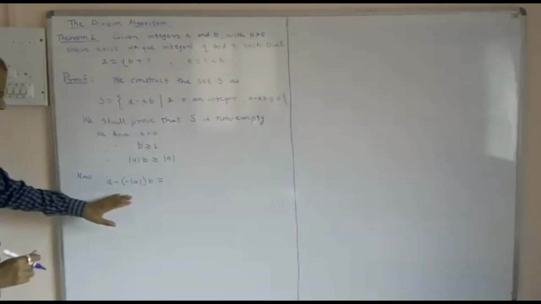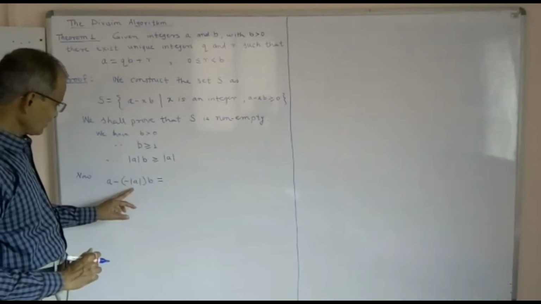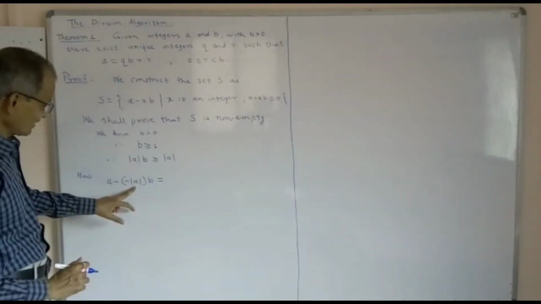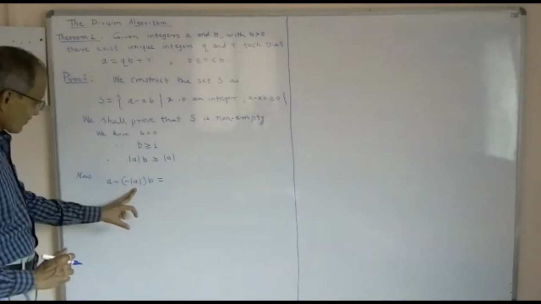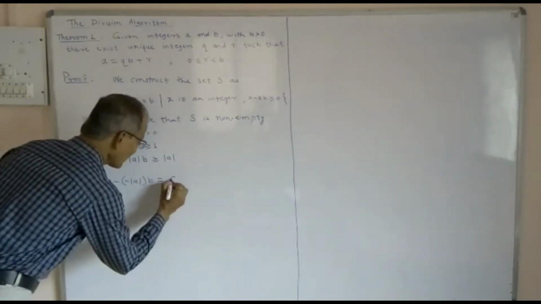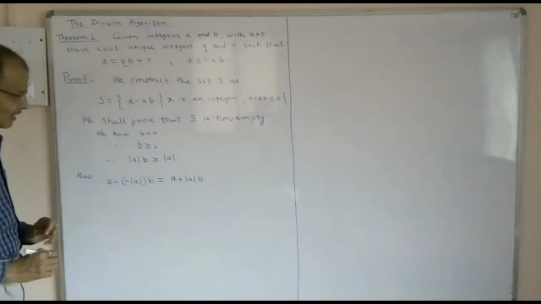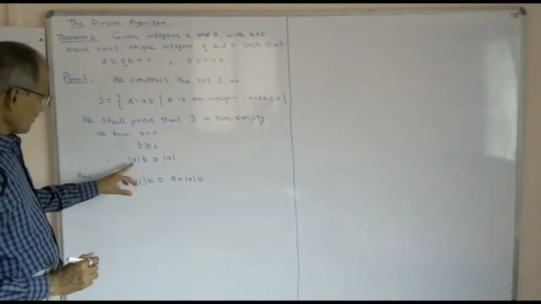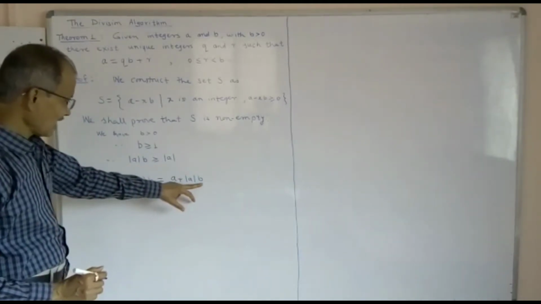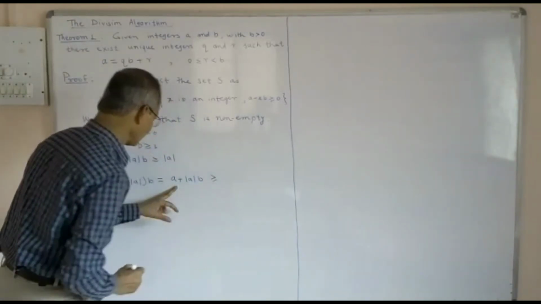This is equal to, consider this type of expression, A minus xB, here we have taken x as minus mod A, and this will be equal to A minus of minus will be plus, A plus mod A into B. Now we have mod A into B is greater than or equal to mod A, so we replace it, and the relation will be greater than or equal to.